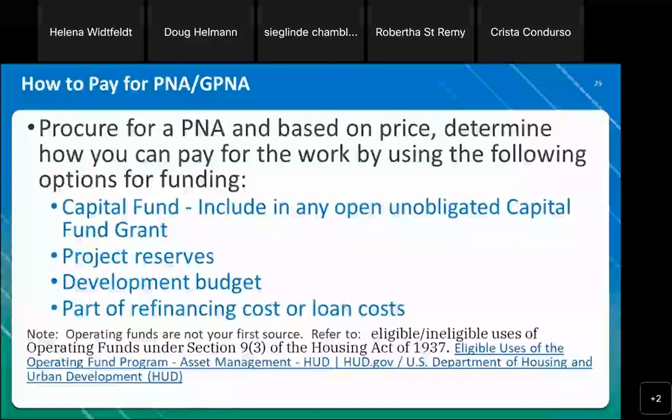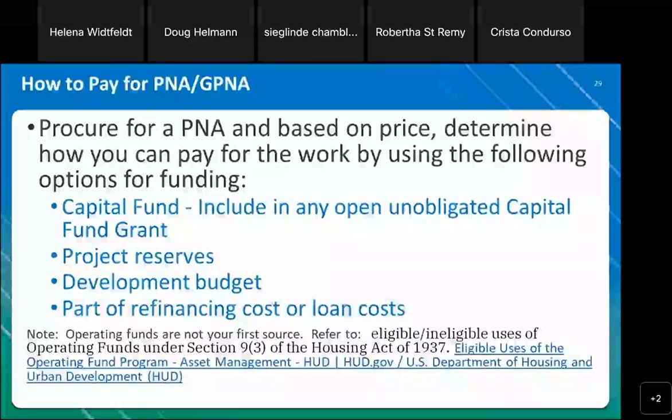The procurement, which we had that question on getting to the scope of work. Based on price, you can determine how the work will be funded, or also advertised for procurement, and what vehicle you may use, depending on your thresholds. It's definitely a small procurement for the most part, but you can use any of your unobligated capital fund grant dollars to conduct a physical needs assessment.